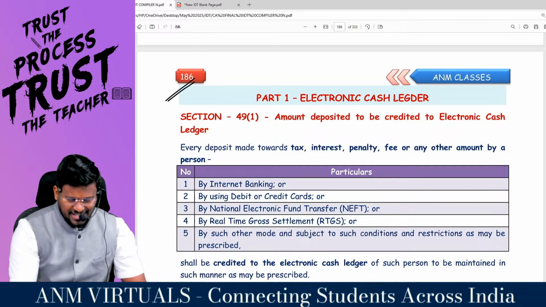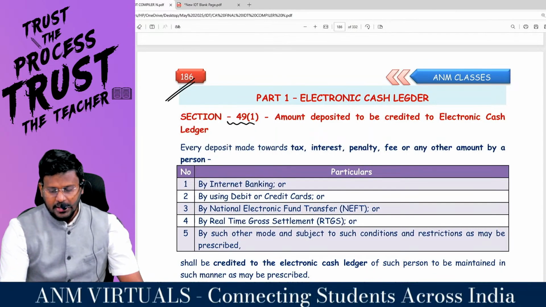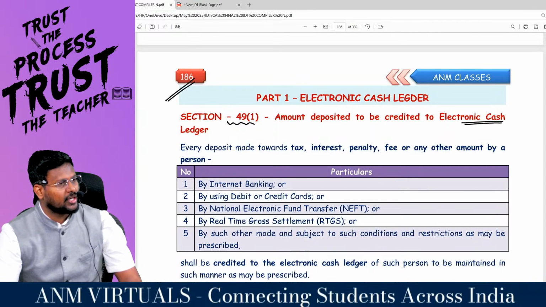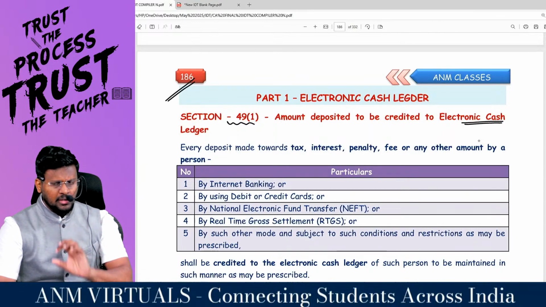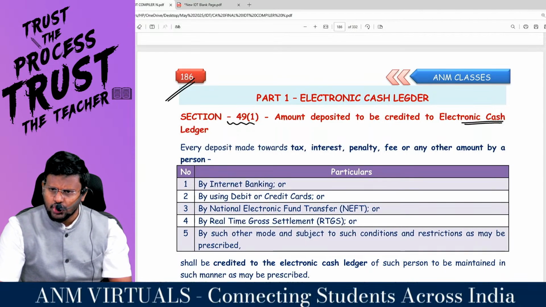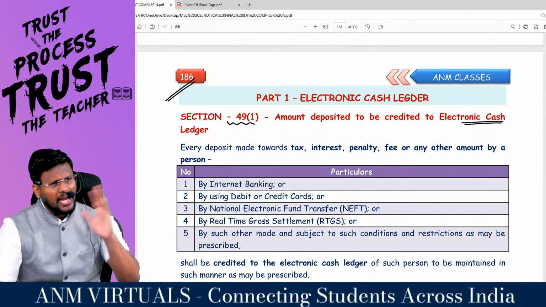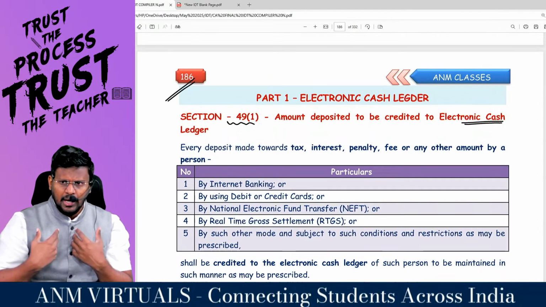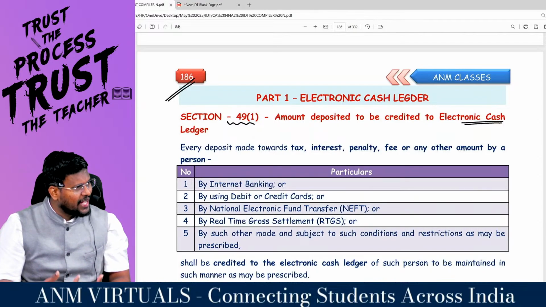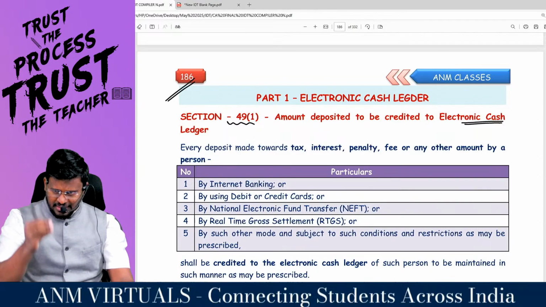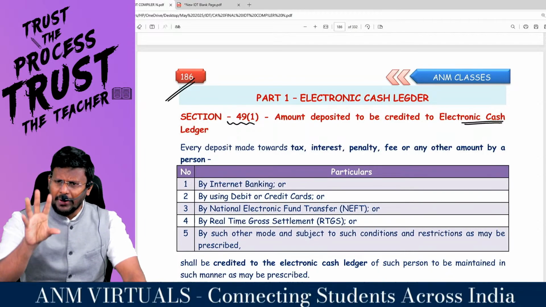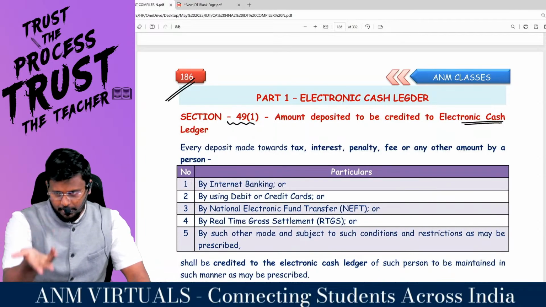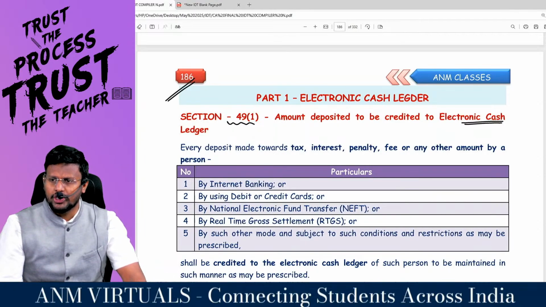Yes, sir. There I am going to discuss 49 subsection 1: amount deposited to be credited to the electronic cash ledger. You will generally be having a bank account. If you have 10 lakh rupees in your bank account, is it your asset or liability? Asset, because the 10 lakh rupees in my bank account is my asset. From that 10 lakh bank balance, you are paying 5 lakh rupees to the government for the purpose of payment of GST.